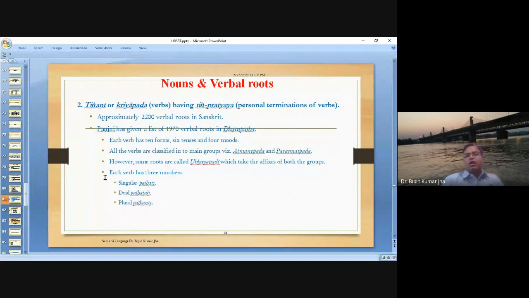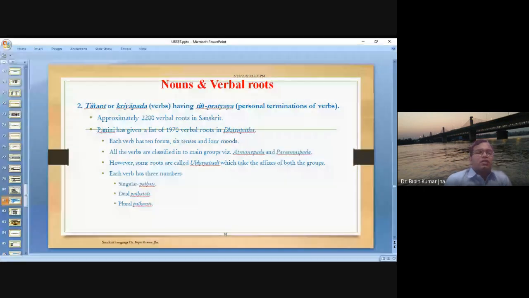So we need to keep in mind that all these six tenses and four moods are called lakar.